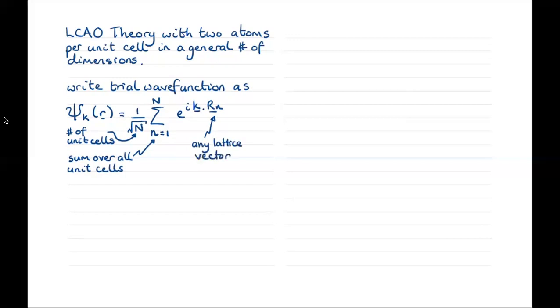Within our unit cell, we have 2 atoms. And so we have a coefficient, C sub 1 of k, describing the contribution of orbital 1. And orbital 1 we'll describe by wave function phi 1, which is a function of r, and it's in the nth unit cell at some position d1 from the origin of that unit cell.